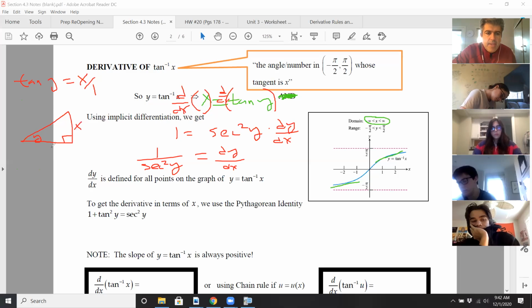So that's x, and now that's 1. So let's solve for our hypotenuse. It's a different right triangle than the previous page. 1 squared plus x squared equals c squared. So your hypotenuse is just root 1 plus x squared.